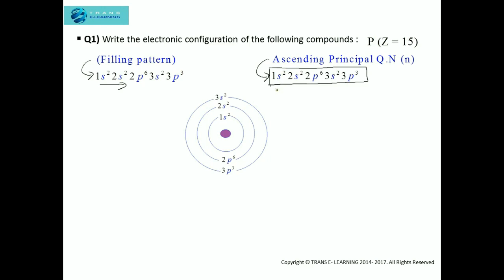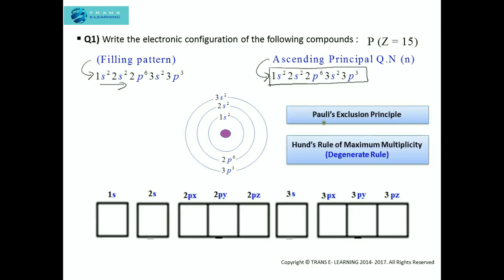Now, if we need to write the electronic configuration by mentioning the electronic distribution, then we need to follow 2 more rules: Pauli's exclusion principle and Hund's rule of maximum multiplicity, that is the degenerate rule. As per Pauli's exclusion principle, an orbital can have a maximum of 2 electrons with opposite spin.